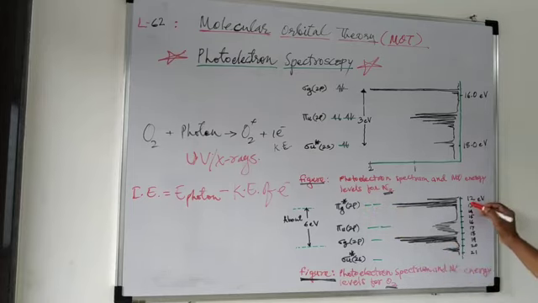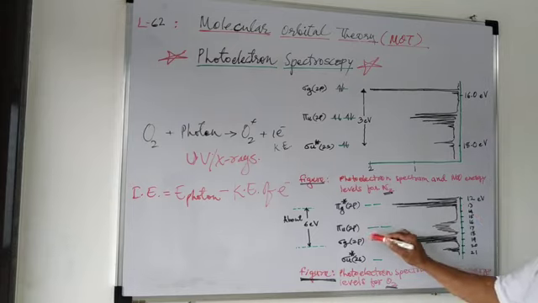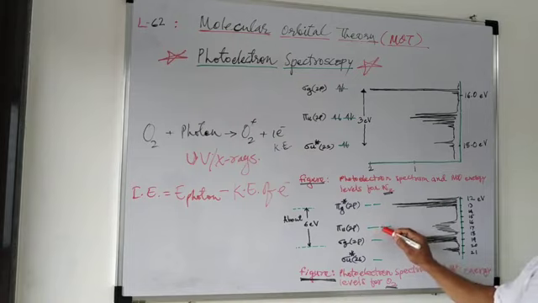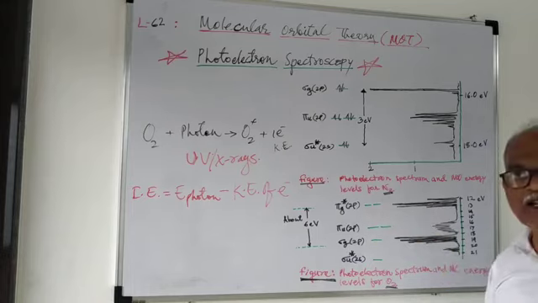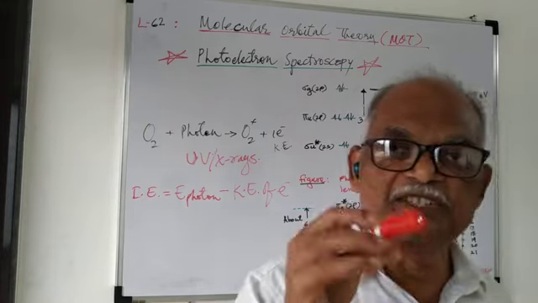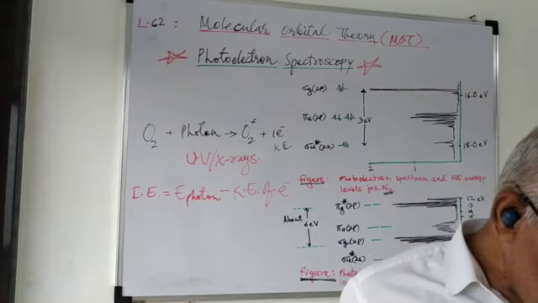It is given here that the ionization energy of these electrons will be about 12 to 13 electron volts. In case of this pi u, the ionization energy of the electrons in these molecular orbitals is relatively more. So again, as we move down in this molecular orbital diagram, the ionization energy will go on increasing.